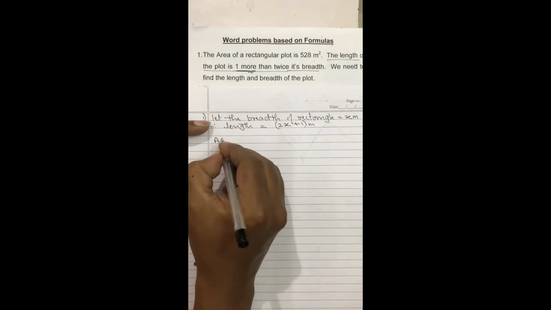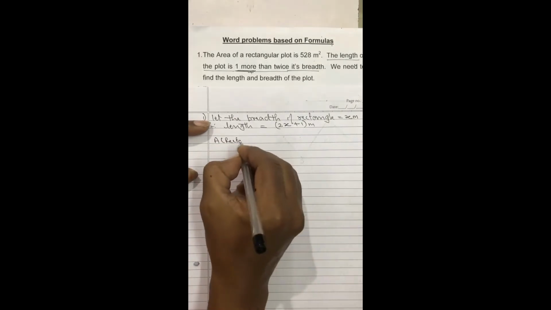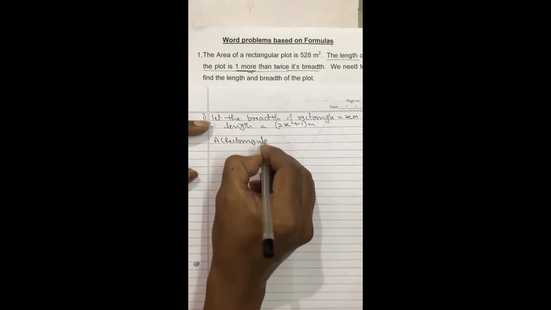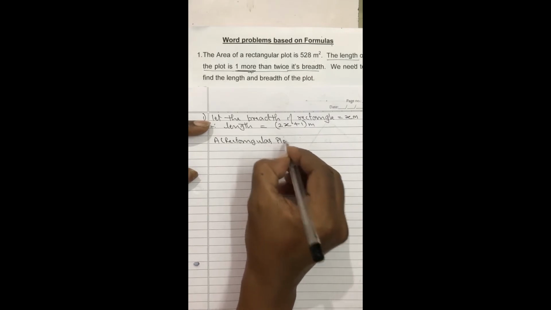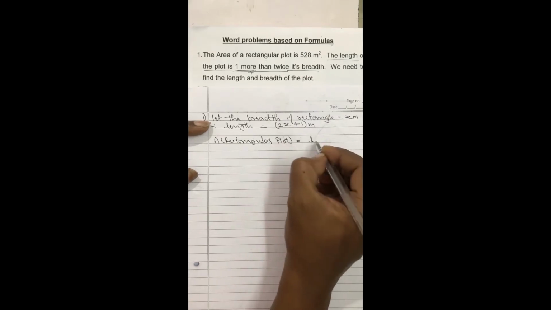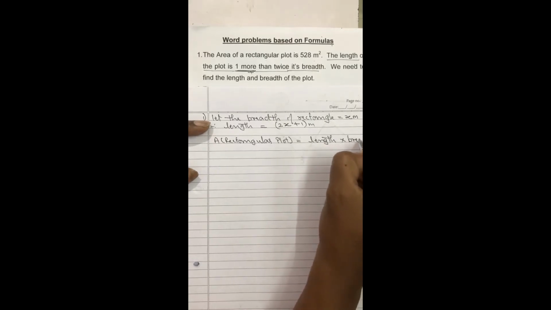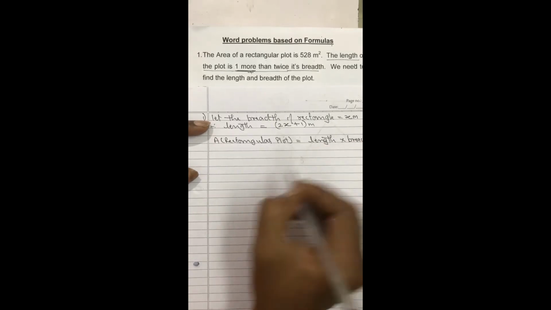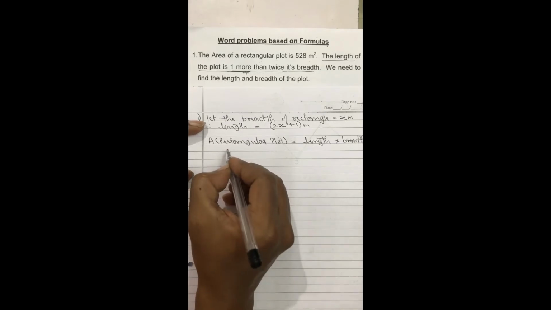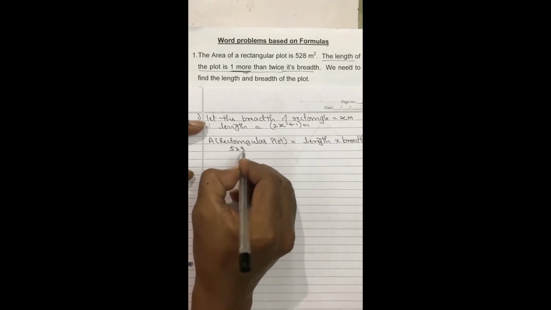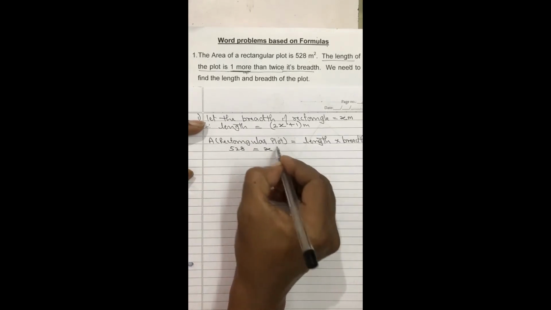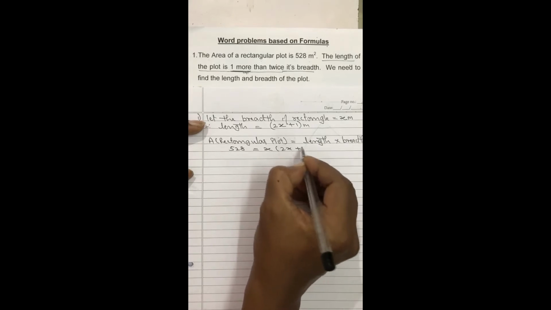Now area of rectangular plot is equal to length into breadth. So this is given to you: 528 is equal to x into 2x plus 1.